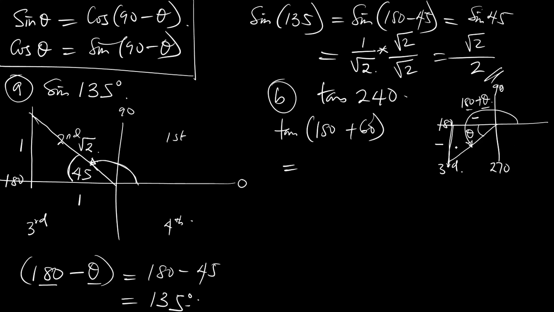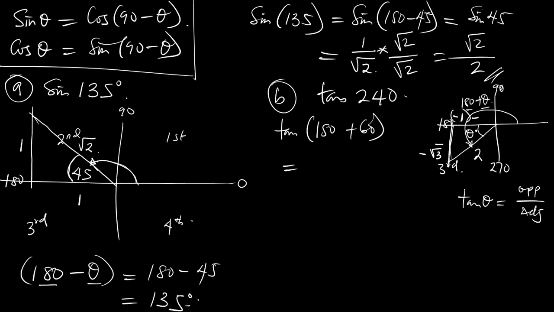Now, tan is opposite all over adjacent. That is tan theta. When you check tan theta, here is 2, here is 1. But when here is 60, here is root 3. Now here is minus root 3, here is minus 1.